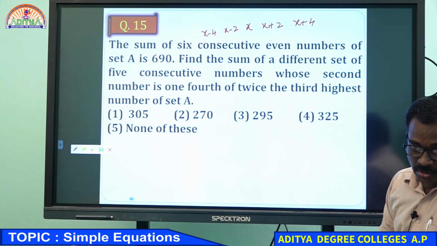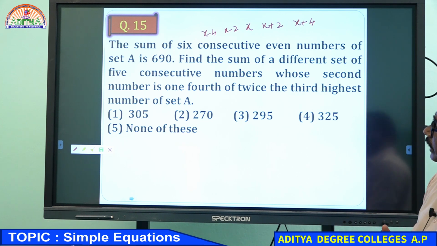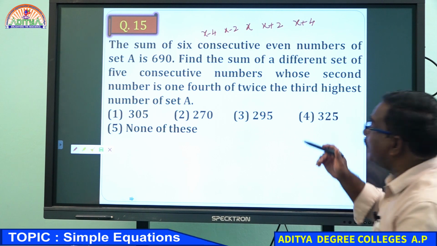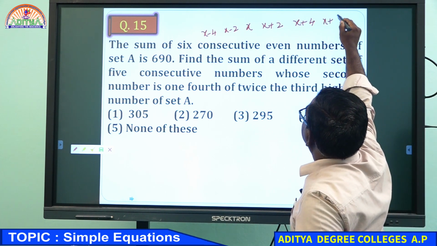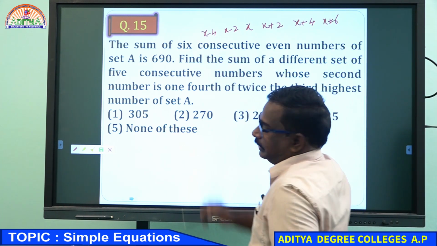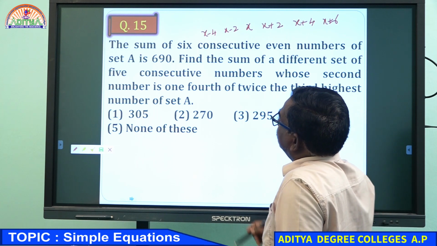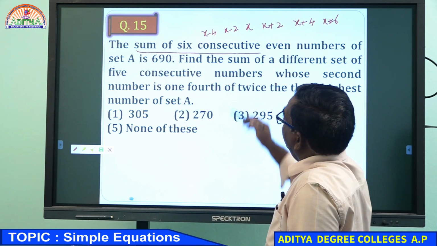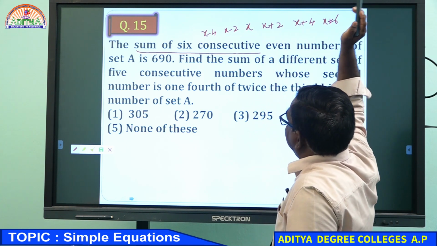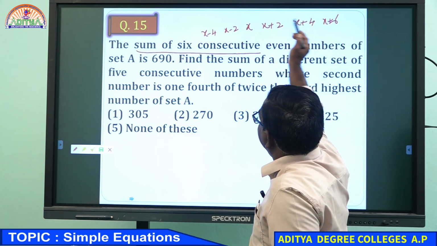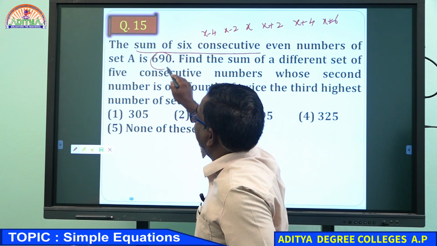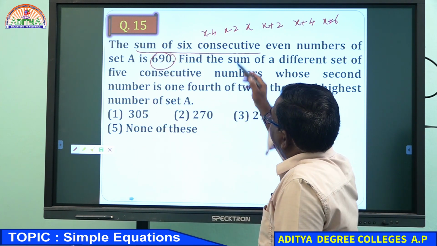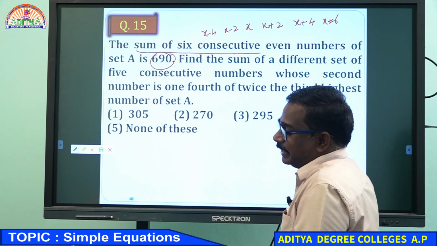So, how you can take: x minus 4, x minus 2, x plus 2, x plus 4 and x plus 6. 6 numbers is asked now, right? Okay. Now, the sum of 6 consecutive even numbers, by adding all these numbers, you got 690.